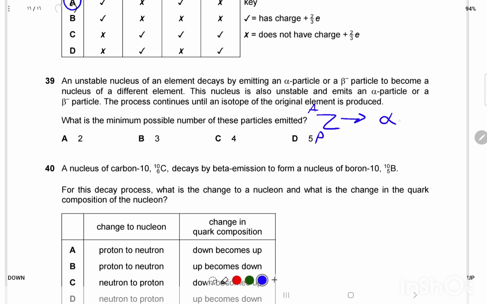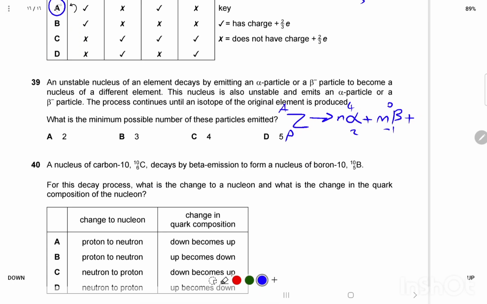The number of alpha particles we don't know, so N alpha particles, 4, 2, plus M beta particles, 0, minus 1, plus the same element appears again, which means X with the same proton number P, but we don't know the mass number, maybe it's different.